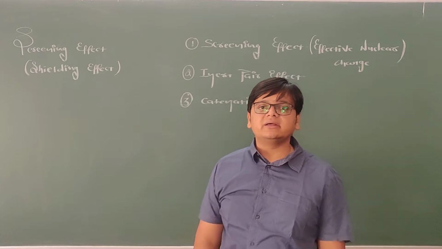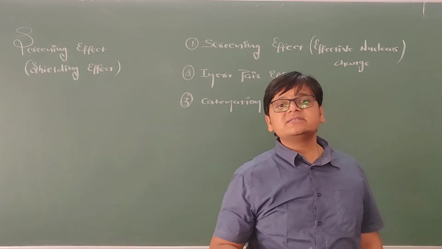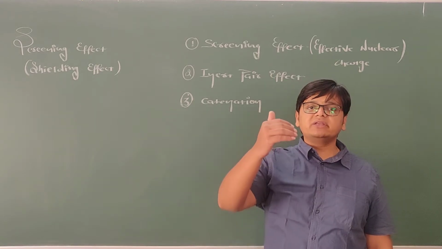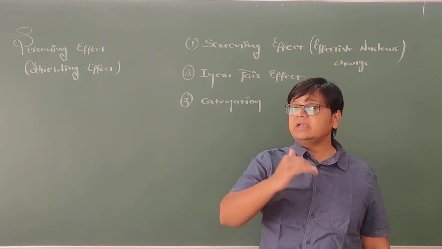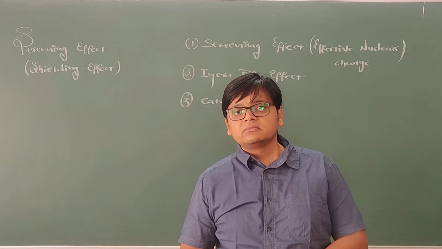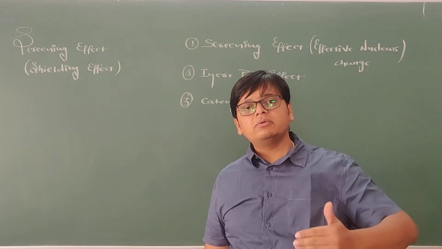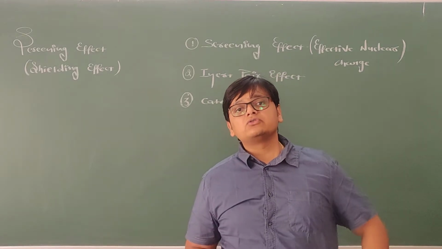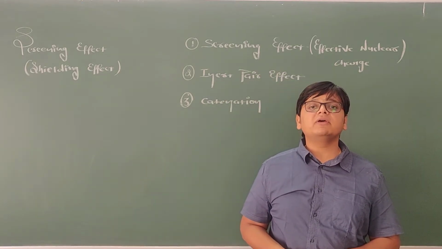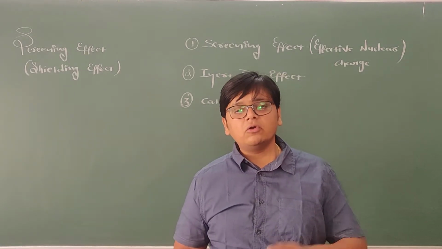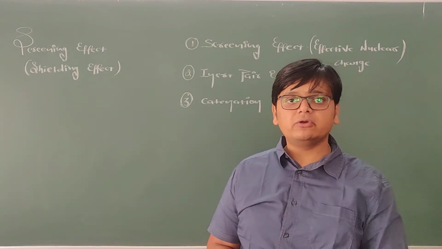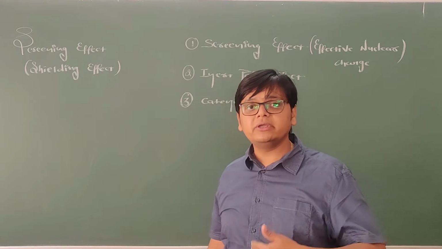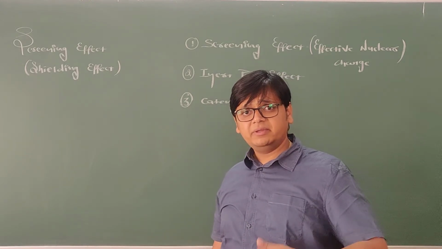Where does it increase? By moving down the group or by shifting from left to right in a period. Either way, we will observe the screening effect due to the increment in atomic number.